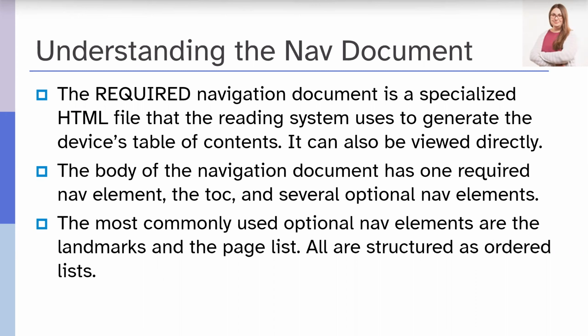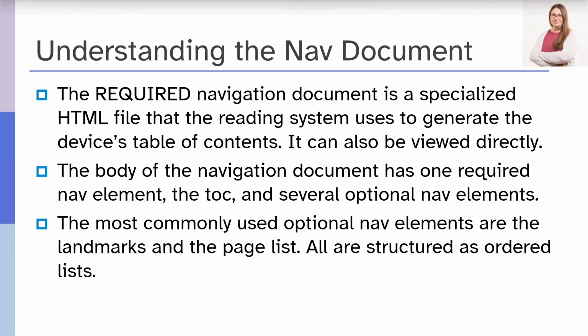And depending on the reading system that you're using, some may be available for navigation and some may not. So what you put into the EPUB isn't necessarily everything that your user is going to see, but the more variety that you can provide to users, the more options they have for actually navigating the text.